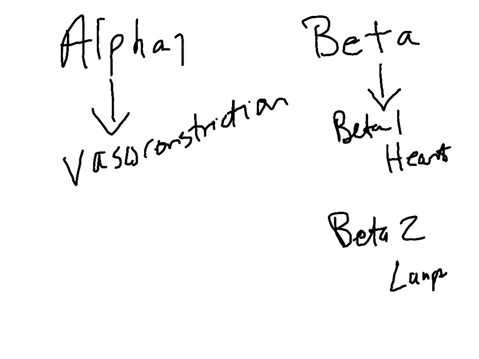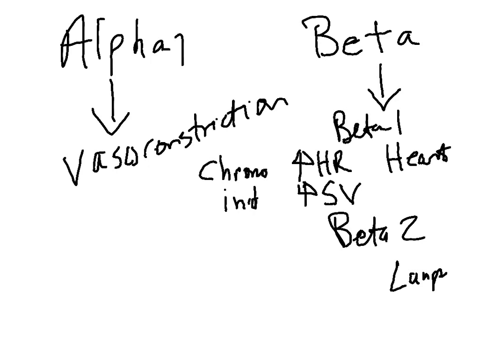So basically, beta 1 receptors, when they're stimulated, cause an increase in heart rate and an increase in contractility or stroke volume. And those phrases are called a positive chronotrope and positive inotrope.